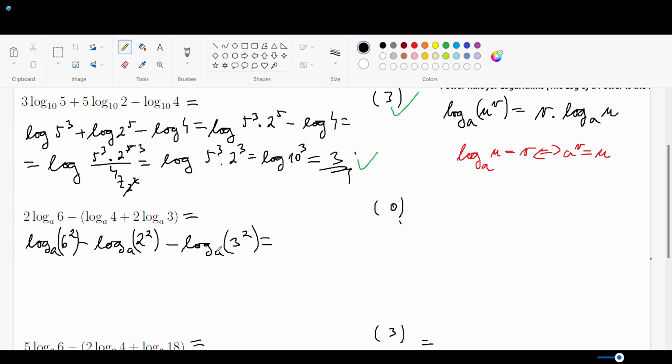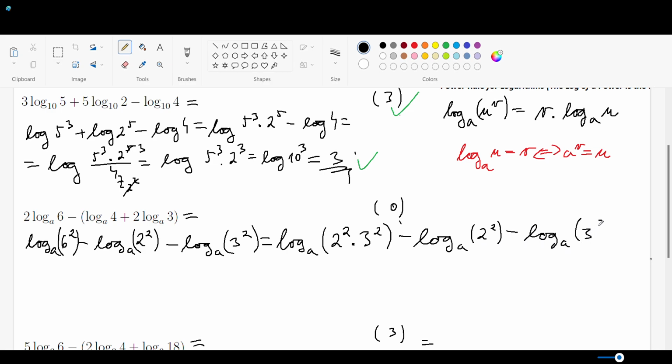It means that logarithm base a of 6 to the power of 2 can be written as logarithm base a of 2 squared times 3 squared, take away logarithm base a of 2 squared, minus logarithm base a of 3 squared, is equal to.